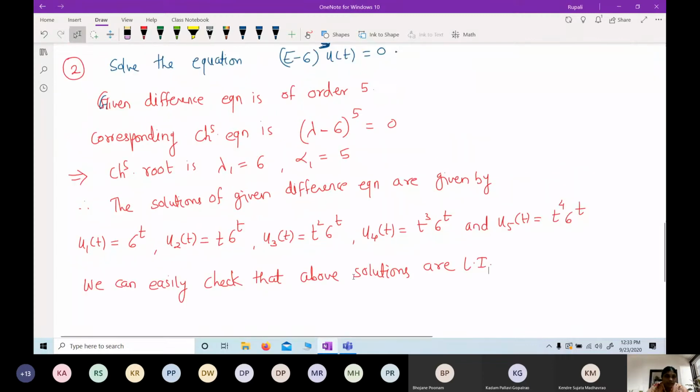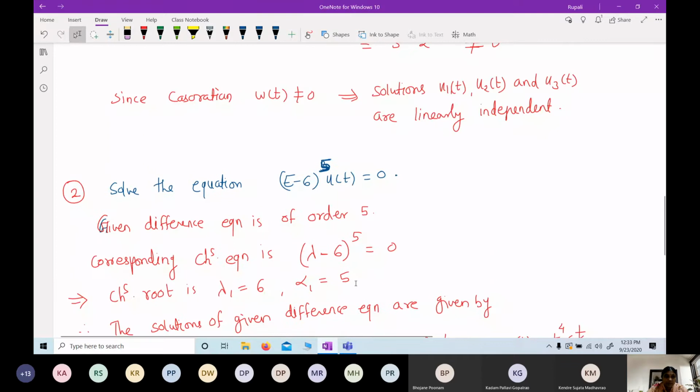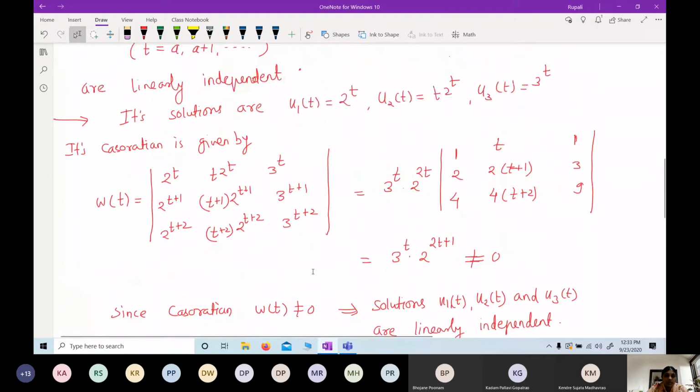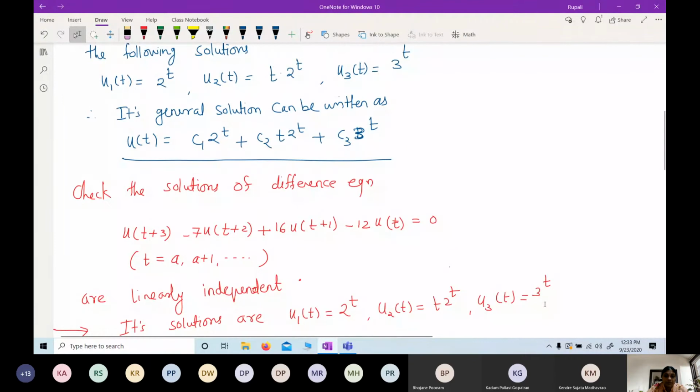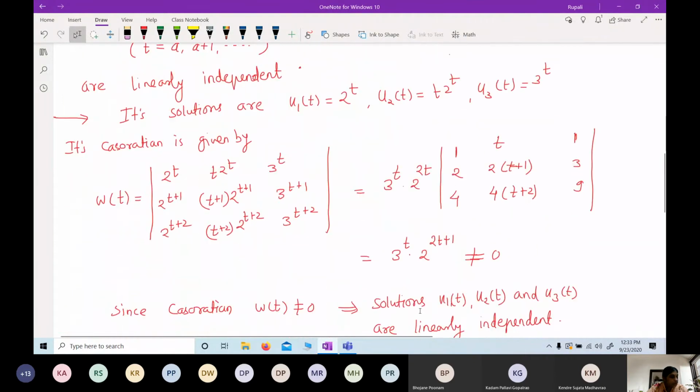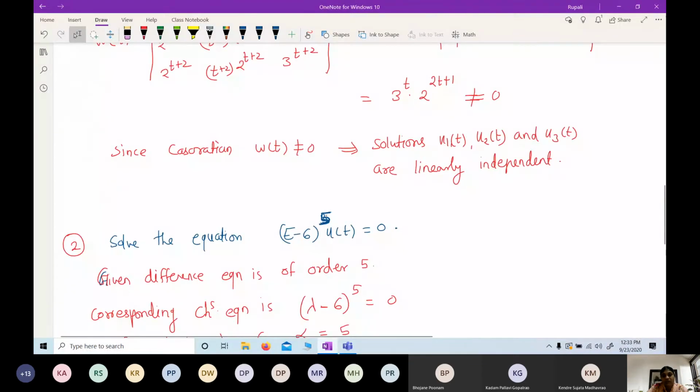Is that okay? Yes, ma'am. So here now 2 different roots, and here 2 different roots were there, and here only 1 different root, but with a different multiplicity.